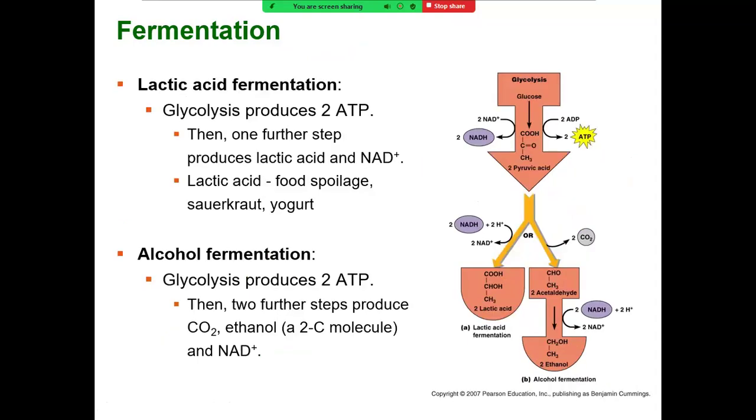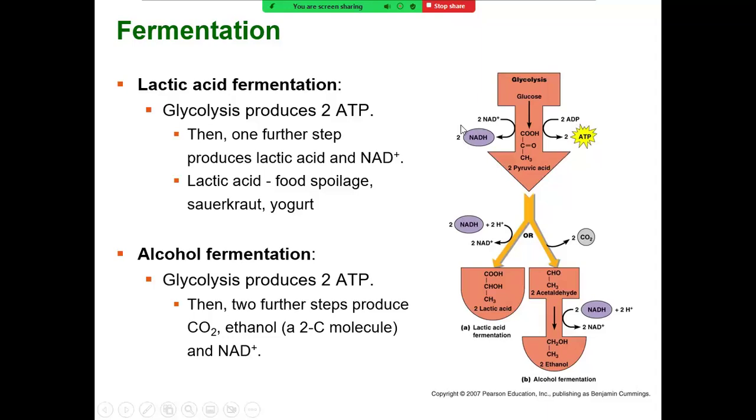There's 2 fermentation reactions I briefly want to talk about. That's lactic acid fermentation, where glycolysis converts glucose and the glycolysis makes the ATP.